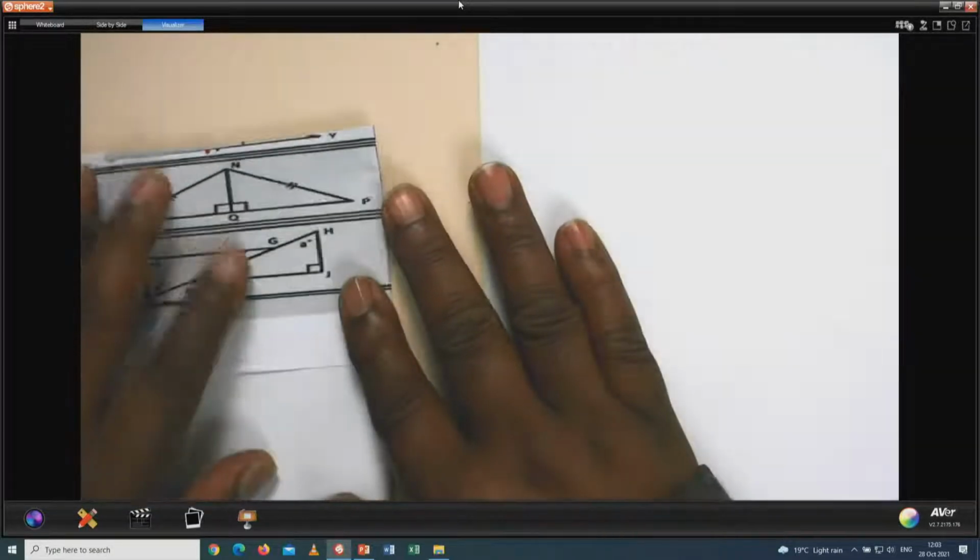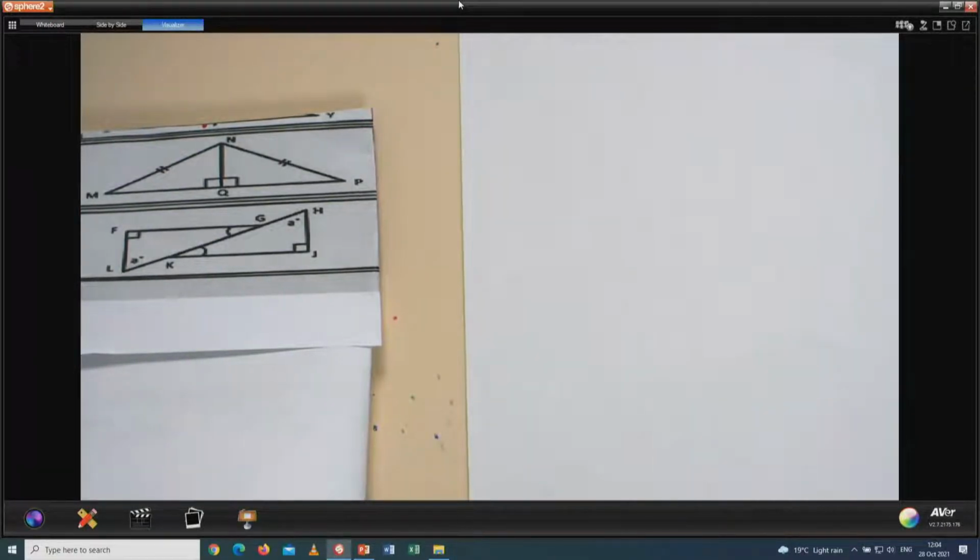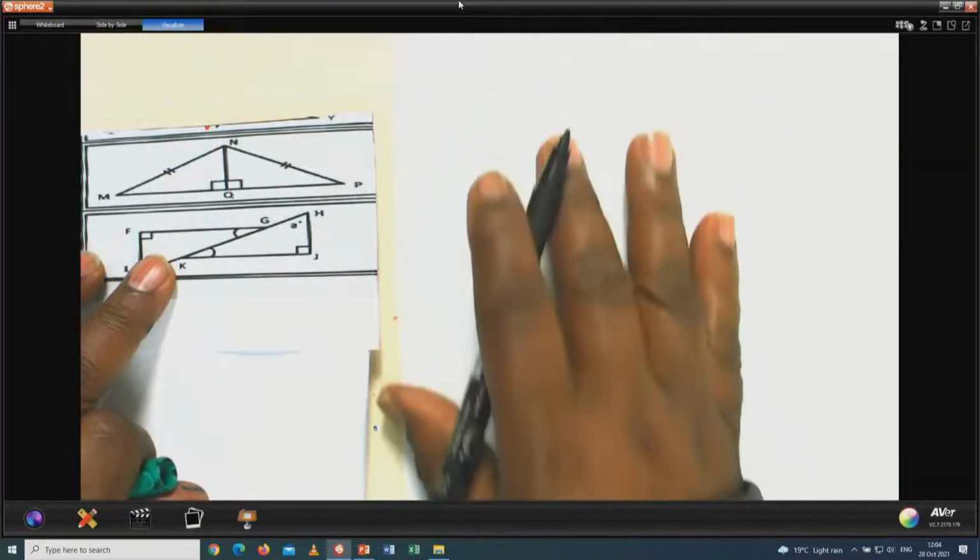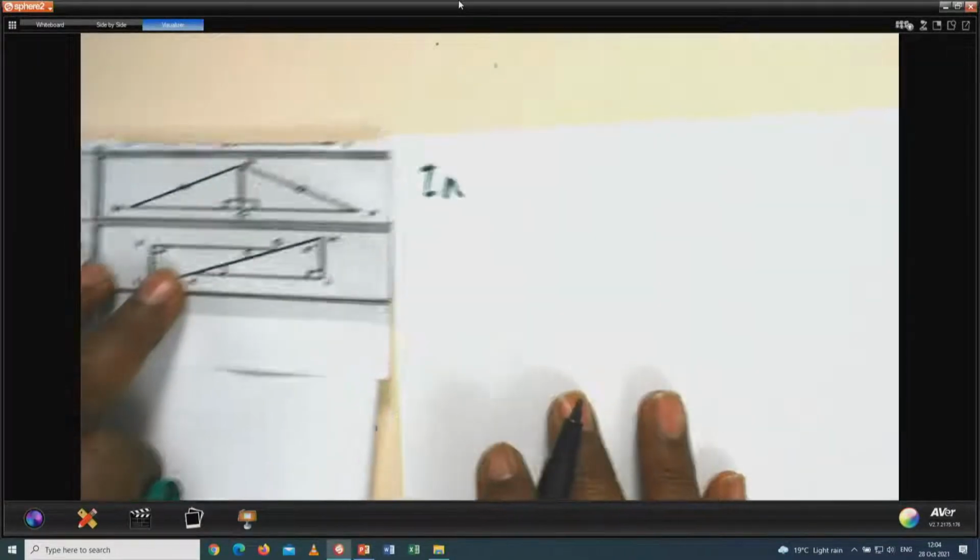Let's look at this one now. You analyze, you've got your triangles there. What triangles do we have? We are dealing with this one. What triangles do we have in front of you?